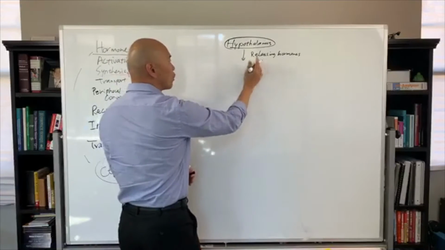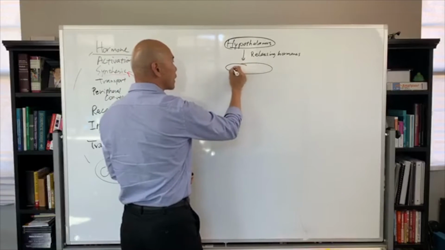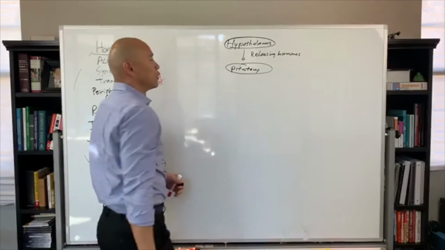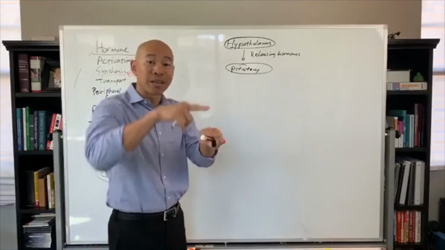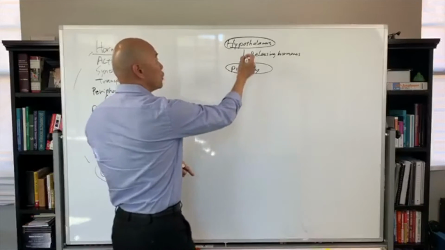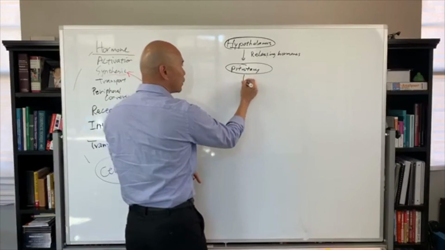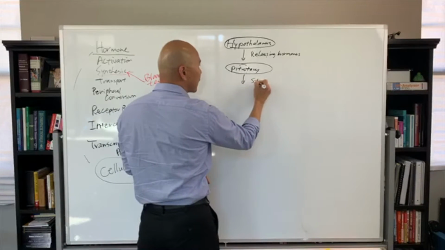And these releasing hormones will stimulate another gland in your brain called the pituitary gland. So the pituitary gland and hypothalamus are neighbors. They live right next to each other. So when the hypothalamus releasing hormone stimulates the pituitary gland, it will typically make stimulating hormones.